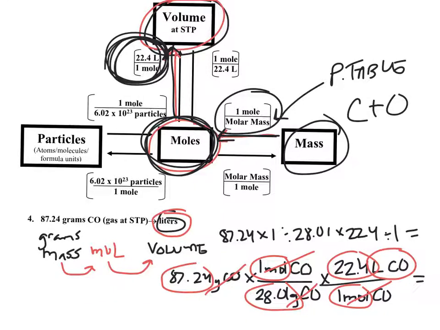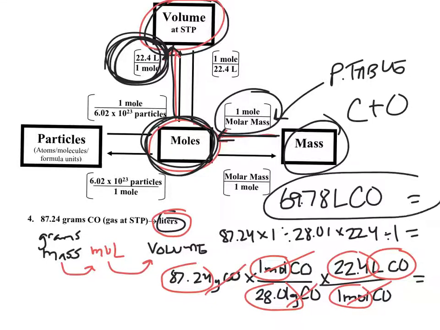And when you throw that in your calculator, the answer you end up getting is about 69.78 liters of carbon monoxide. All right? Double check your work, see if you got the same. You can always rewind, pause the video, etc. But now you've done a 2-step mole problem, and that was actually question number 4.